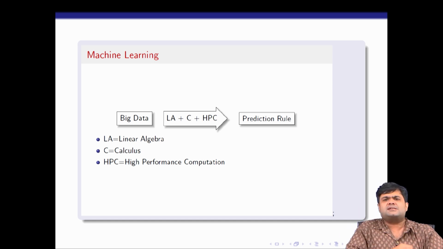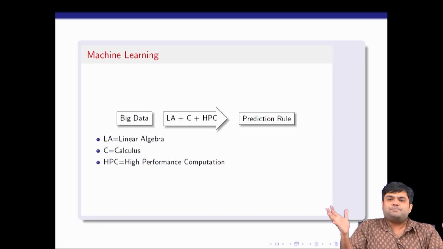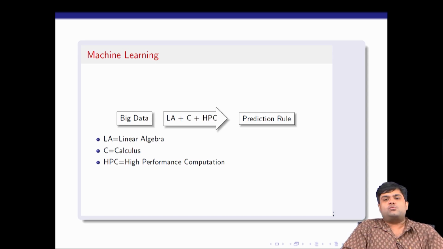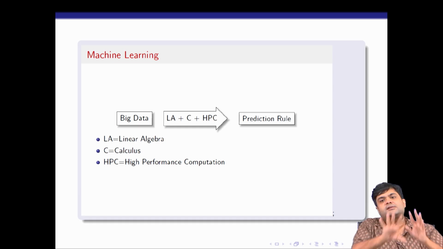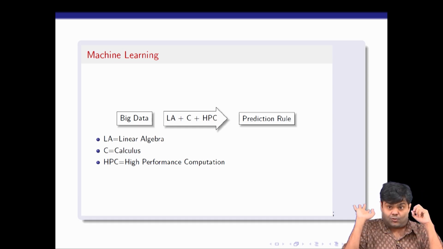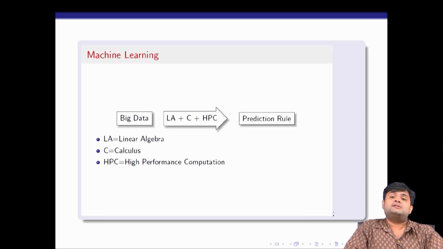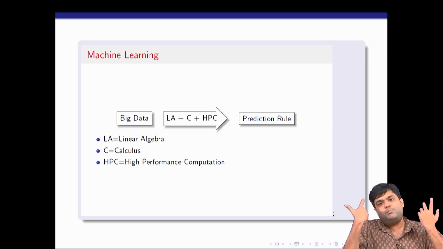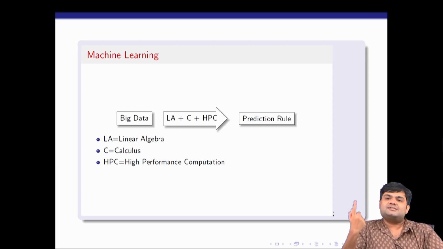Just to give you a simple example, the optimization techniques applied on a 1000 by 1000 matrix can be handled by classical software. But suppose you want to apply the same optimization techniques on a 1 million by 1 million matrix. Then classical optimization software may simply fail. There you may need to apply some high performance computing.